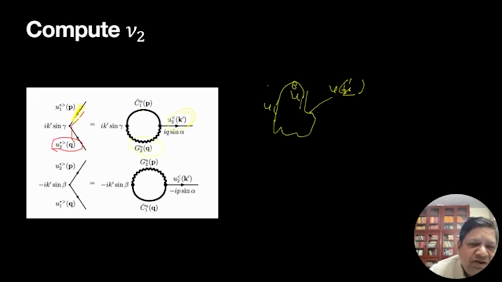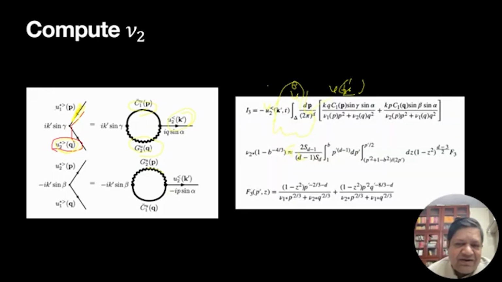Remember both of them. This is for component 1 and this for component 2, because I am expanding u2. So this will be g2. Similarly here, I expand u2 above and correlation function below. So very similar procedure, same perturbation scheme, and we get closed form solution.